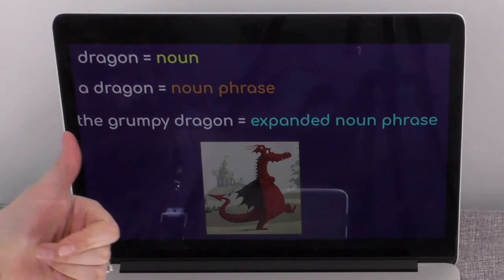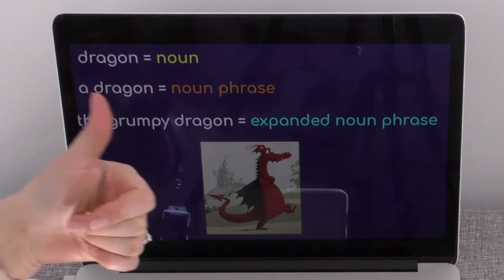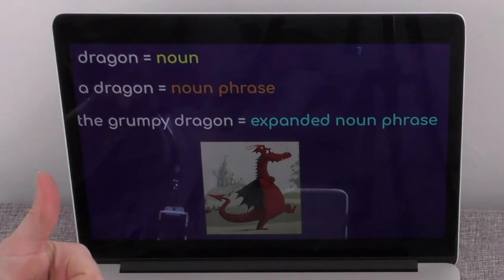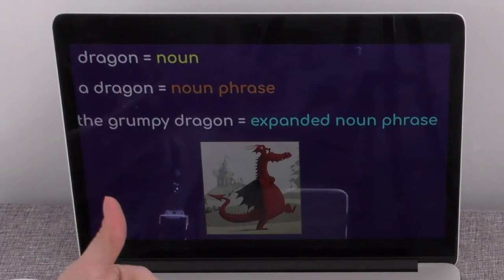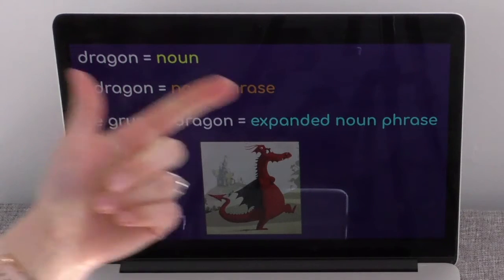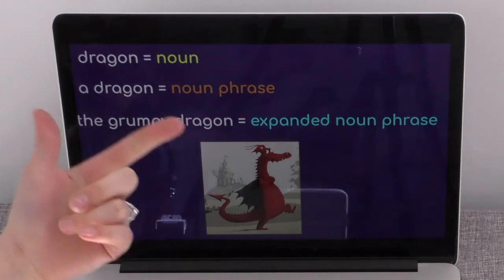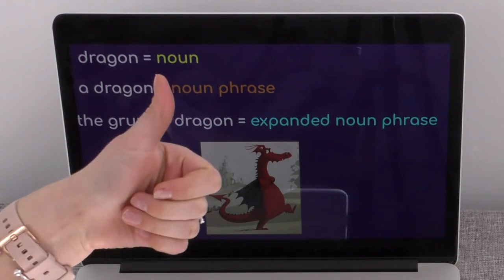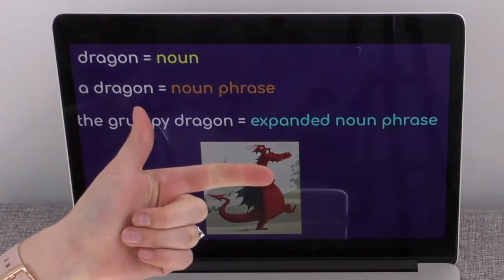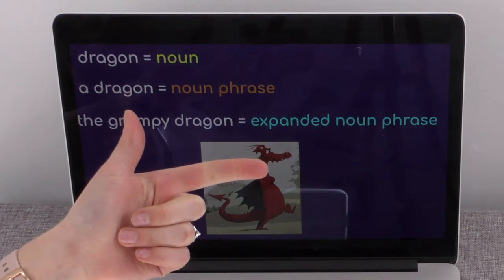We have then got one noun, the dragon. We could then have a noun phrase, a dragon or the dragon. We'll have two words. Noun is dragon, one word. A dragon is noun phrase.